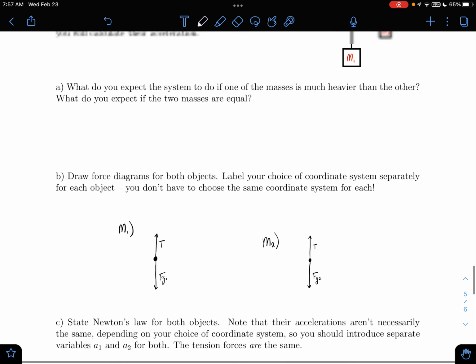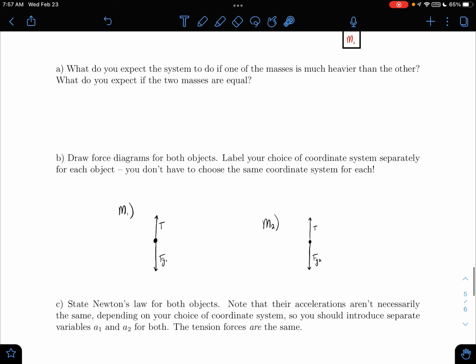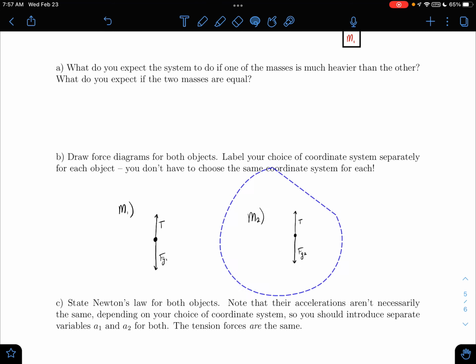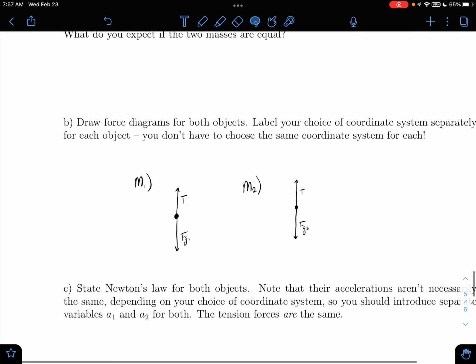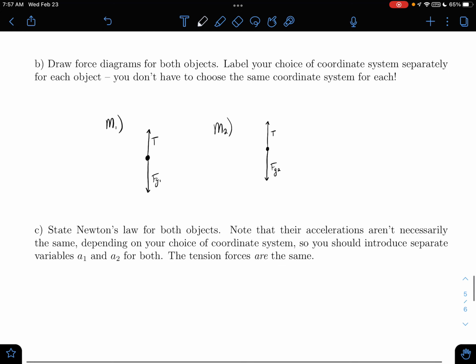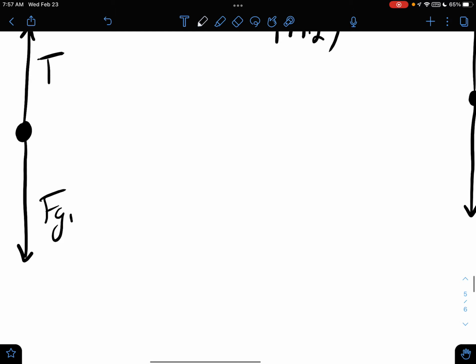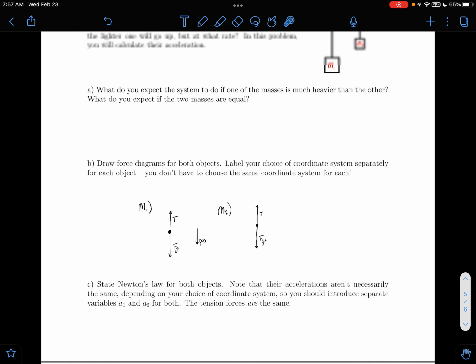So we have to set a coordinate system. We said we can set whatever coordinate system we want. Just for an example, M1's going to be heavier, so the direction I expect M1 to accelerate in is down. That's going to be my positive in the y direction for M1.